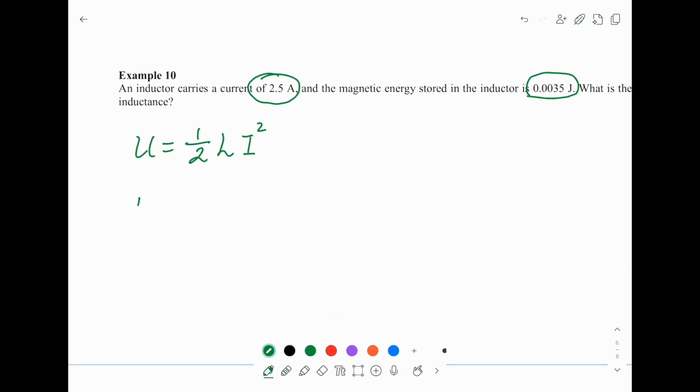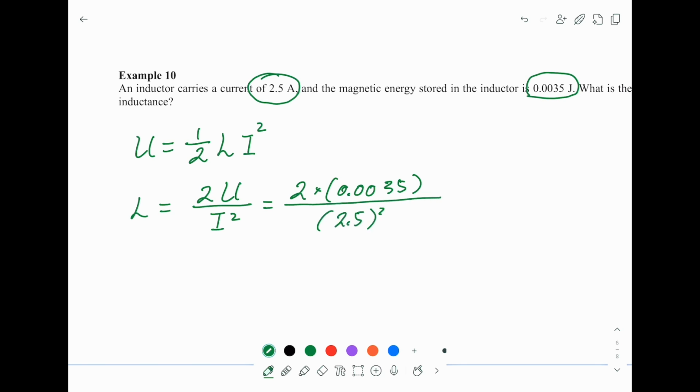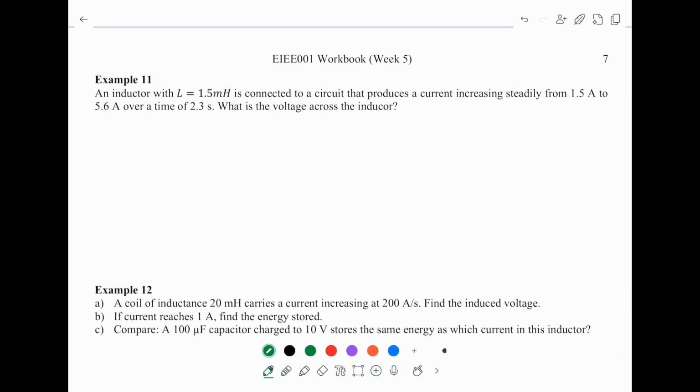So L equals 2U over I squared. 2 times 0.0035 joule, and I is 2.5 squared. So the inductance becomes 1.12 milli Henry.